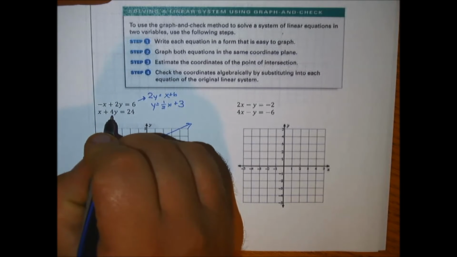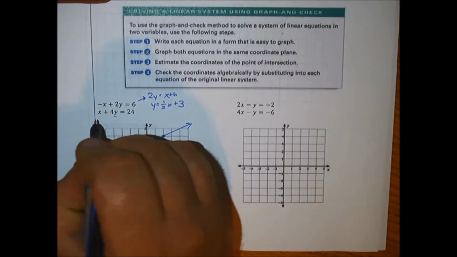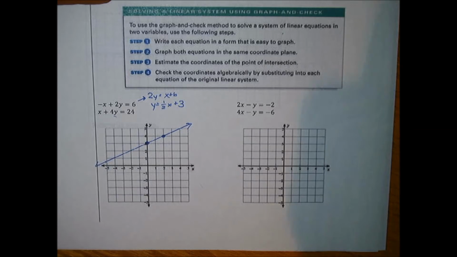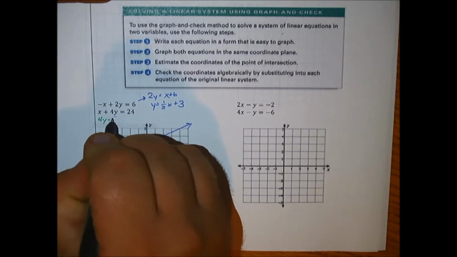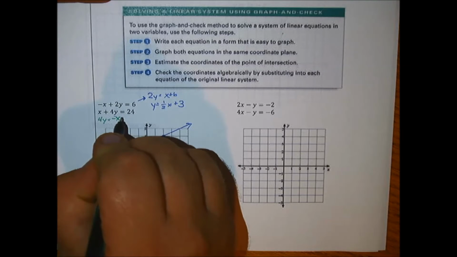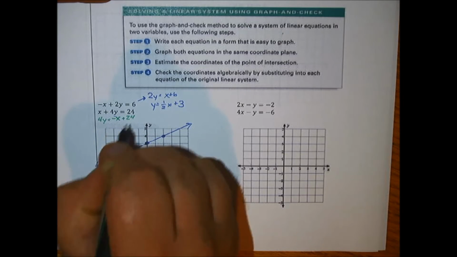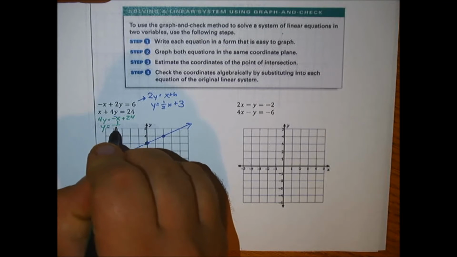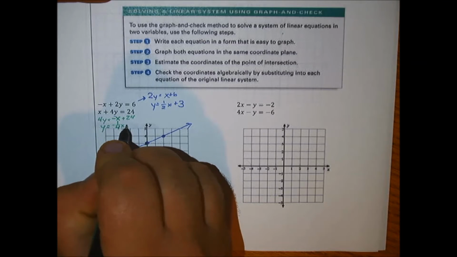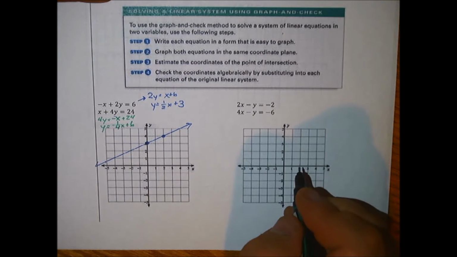Let's turn this one into slope-intercept also, and we'll use a different color. Let's go with green. So I have 4y equals negative x, because I'm subtracting that x over, plus 24. I'm going to divide by 4. I have negative 1/4 x plus 6. That's what happens when I divide those by 4.